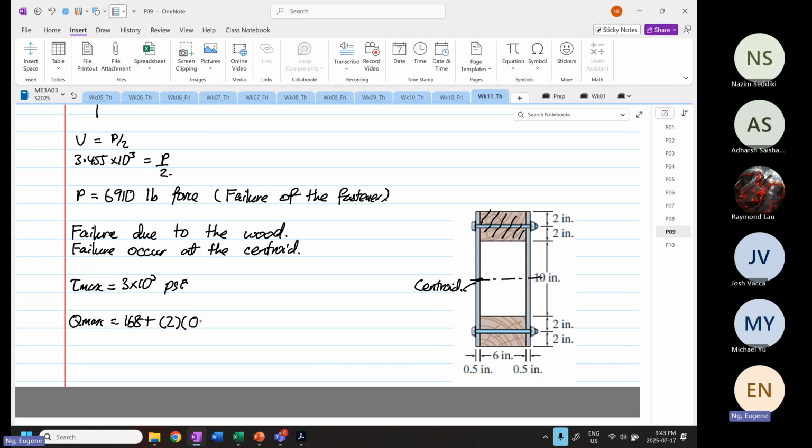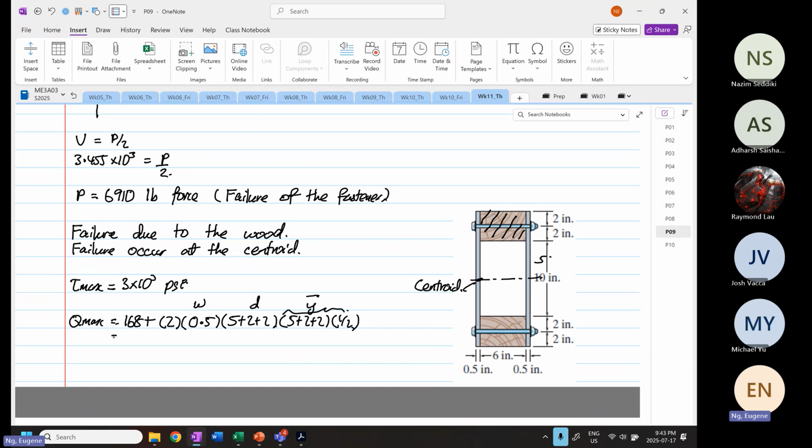Okay, so left and right 2. Thickness is equal to 0.5. The depth is equal to 5 plus 2 plus 2. Right, so this is 5 plus 2 plus 2 multiplied by 5 plus 2 plus 2 multiplied by half, because this is width, depth, this is the y bar.